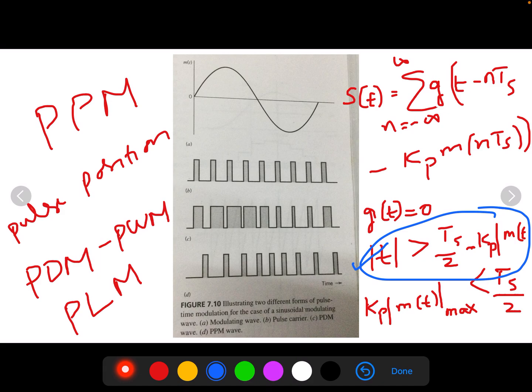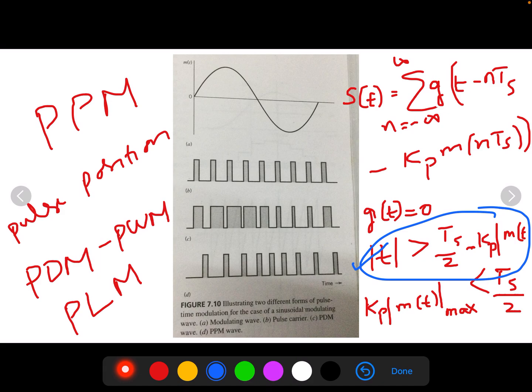If the message signal m of T is strictly band limited, it follows from the sampling theorem that the original message signal m of T can be recovered from the PPM signal S of T without any distortion. So this is about the pulse position modulation.